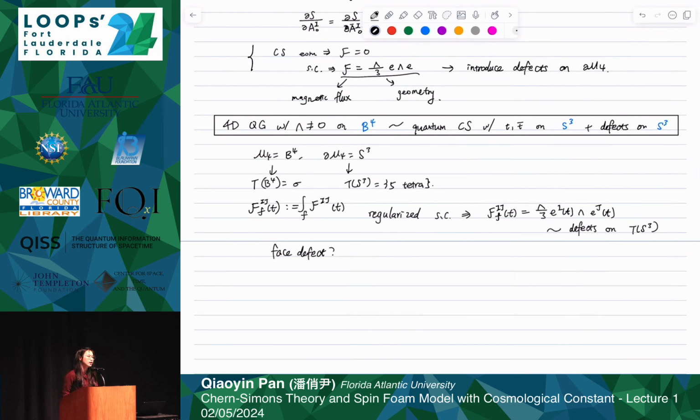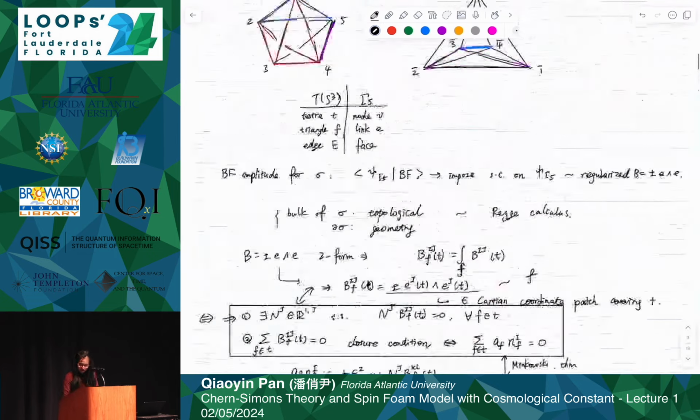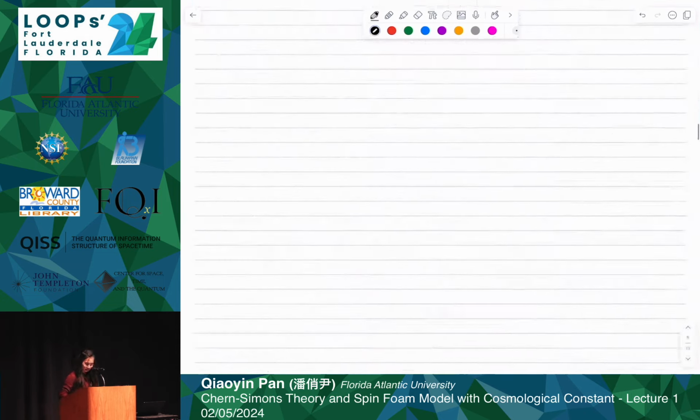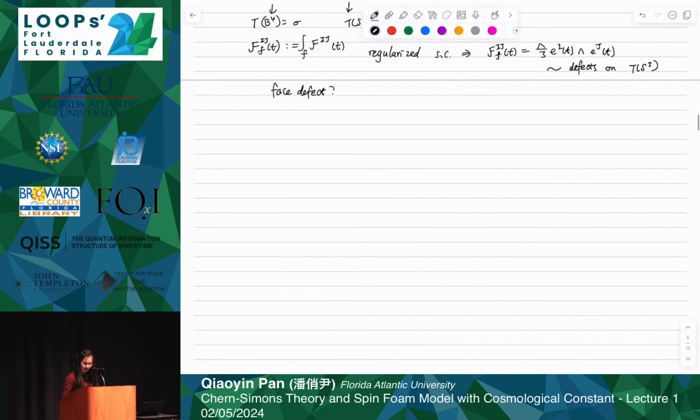We are more familiar with lower dimensional defects, for example, a link defect, a node defect. How do we do that? We remember that we have the duality map. A triangle is dual to a link, and we know how to deal with a one-dimensional defect. So how about we just put this dual graph into a three-sphere?